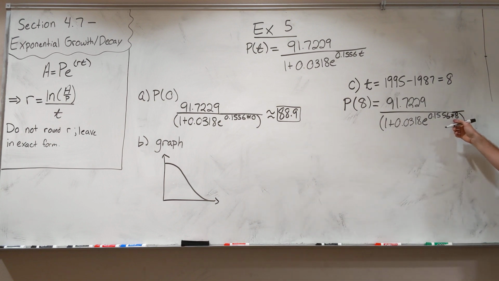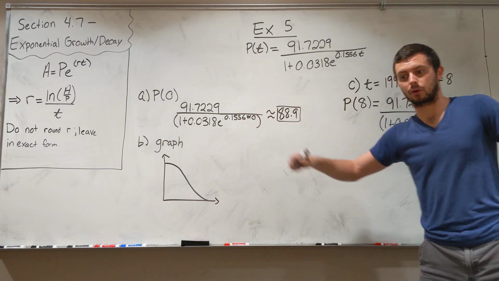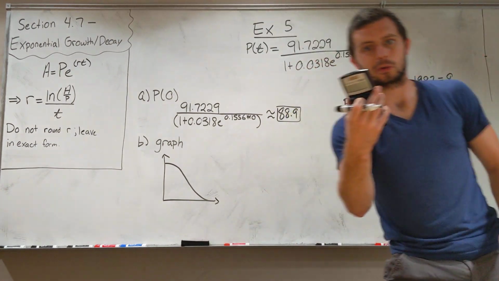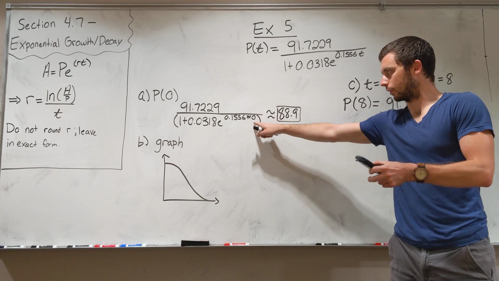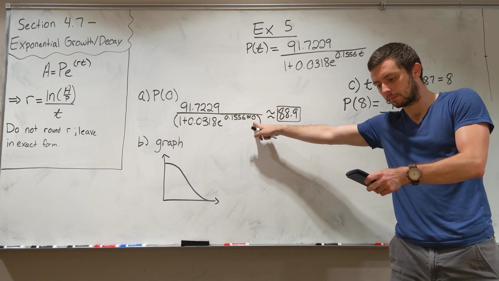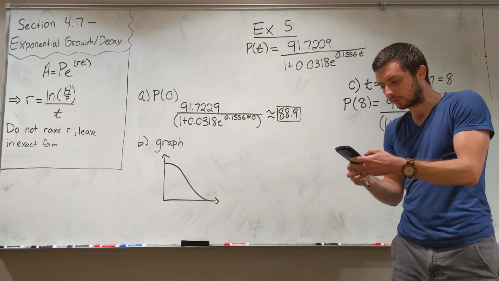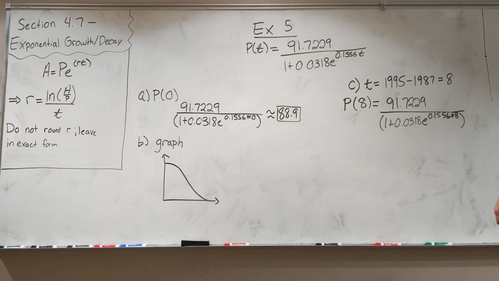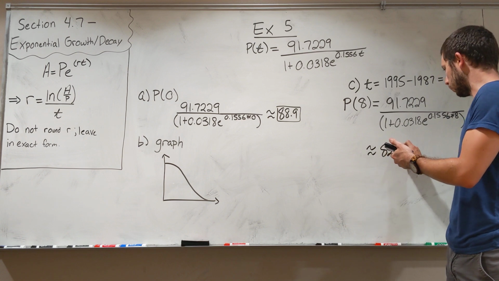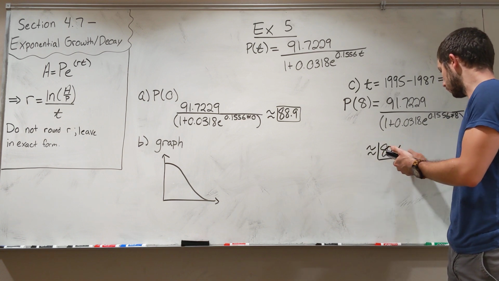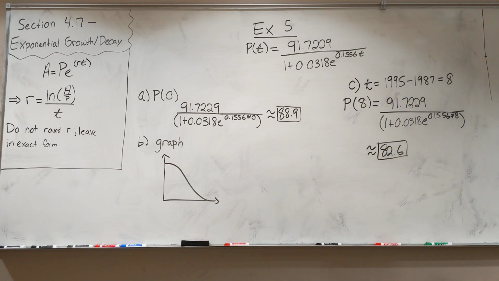So notice I'm putting the 8 all the way over here instead of the 0. And if you know how to in your calculator, you can just go up to when you put all this in the calculator and just replace the 0 with an 8. And again, it wants you to round to 1 decimal place. What I seem to get is 82.6 for part C.